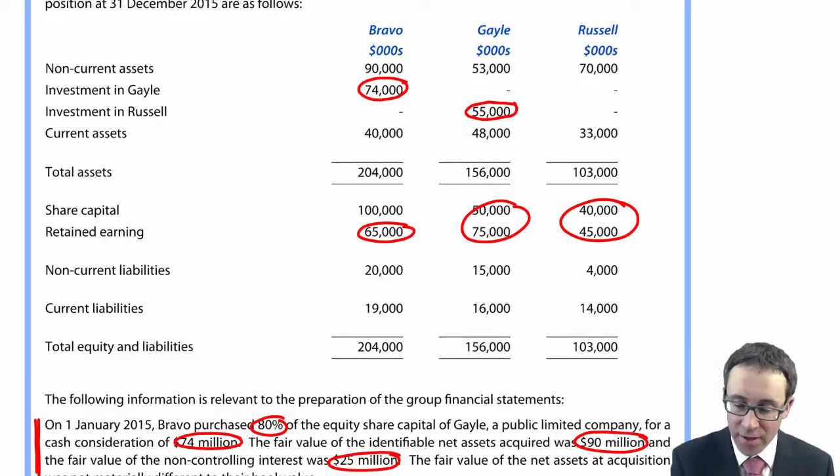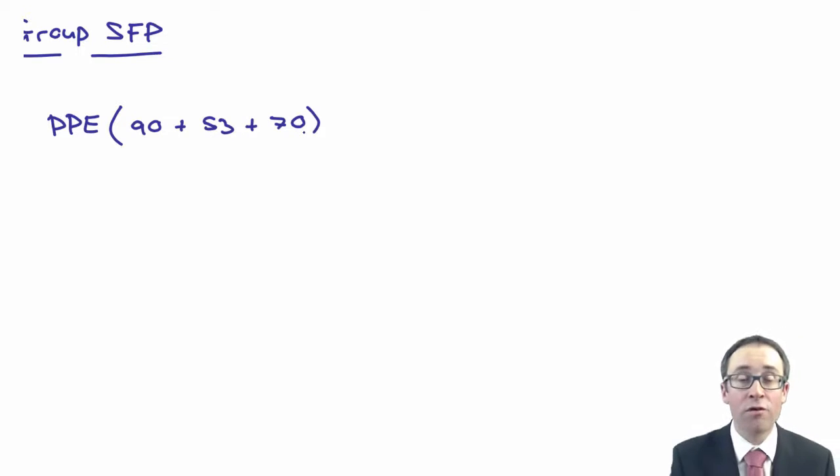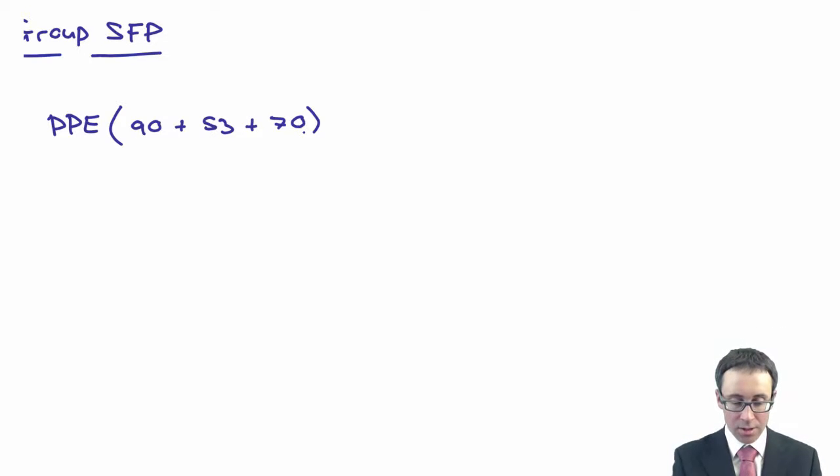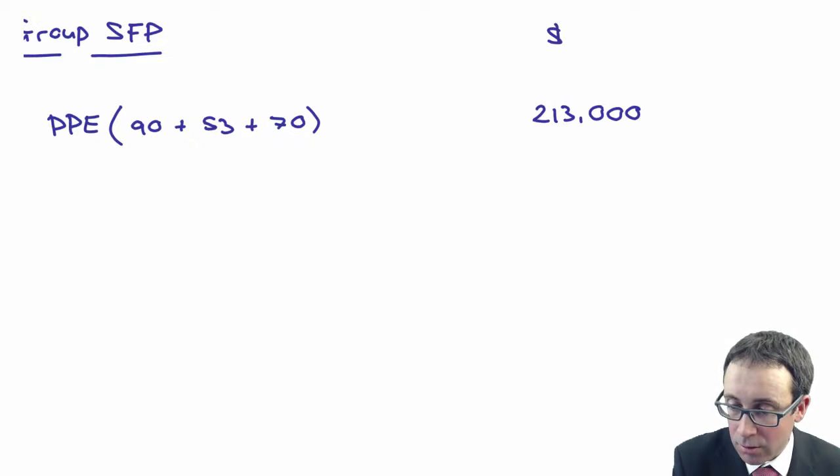So 90, 53 and 70. So 90 plus 53 plus 70. There's no fair value adjustments in this question. I've taken pity on you to make sure that you understand the fundamentals. So working in thousands, that's $213,000.